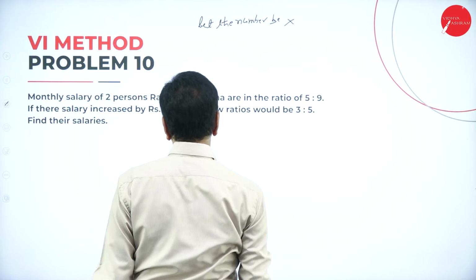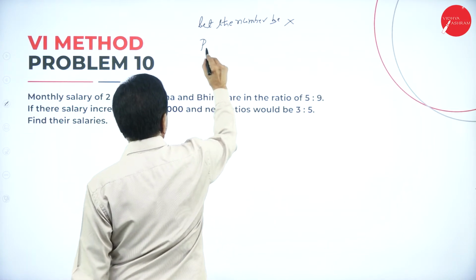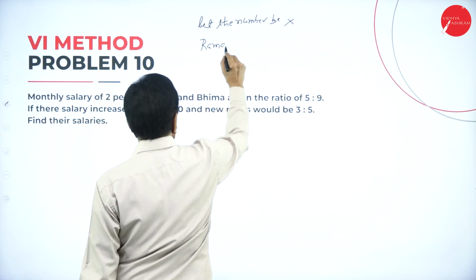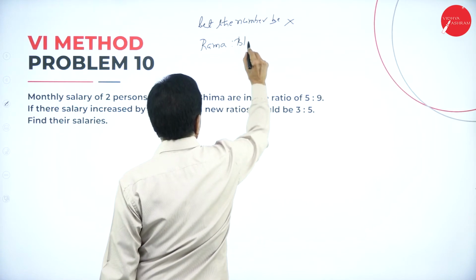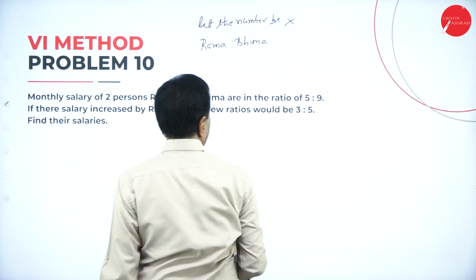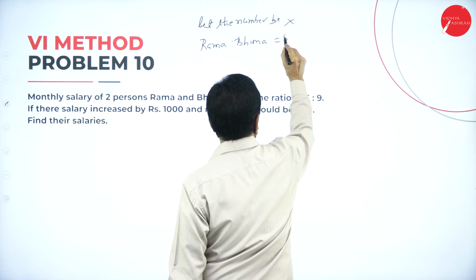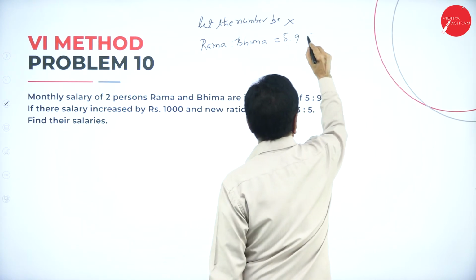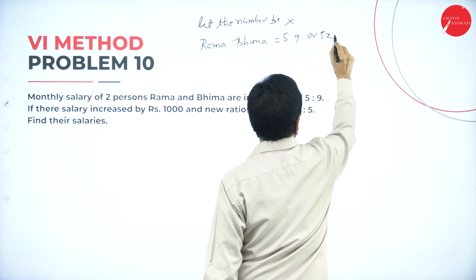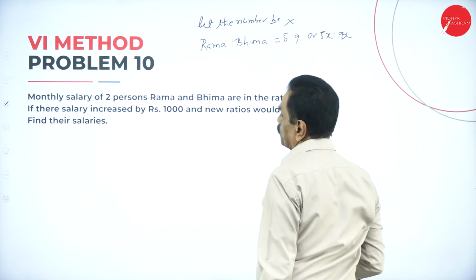What's the ratio? Rama is to Bhima is equal to 5:9 or 5x is to 9x.